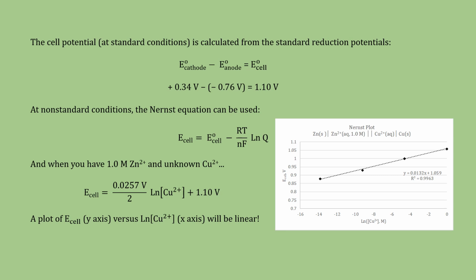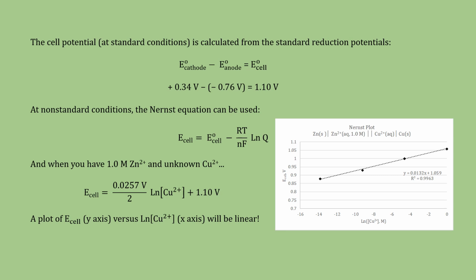Consider the following plot. Again, I have the non-standard potential on the y-axis versus the natural log of concentration of copper-2 on the x-axis. The slope, 0.0132, is very close to the 0.0257 divided by 2. And the intercept, 1.059, is fairly close to the expected value, 1.10 volts.